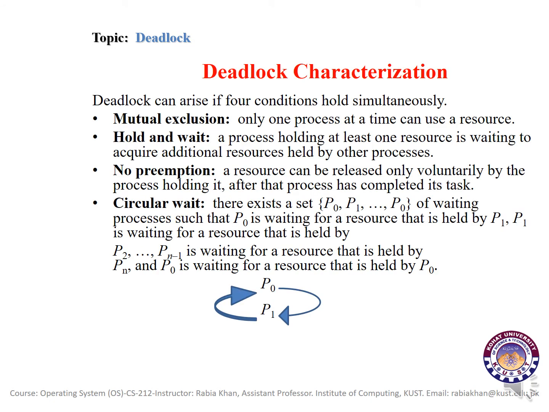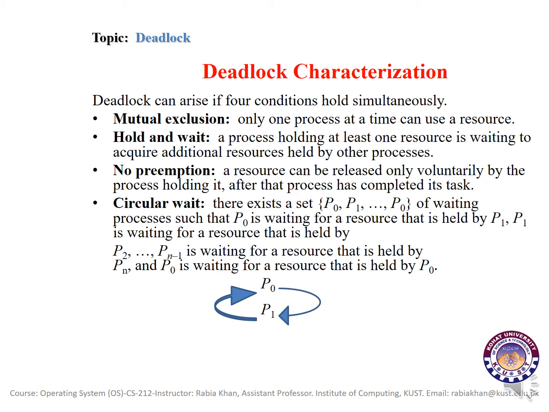There are some characteristics or conditions or requirements for a deadlock to happen in our system. These conditions are mutual exclusion, hold and wait, no preemption, and circular wait. Let's discuss all of them one by one.